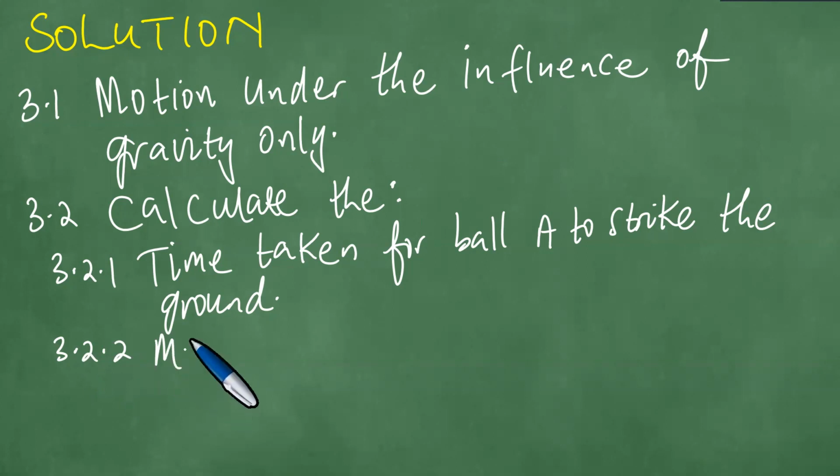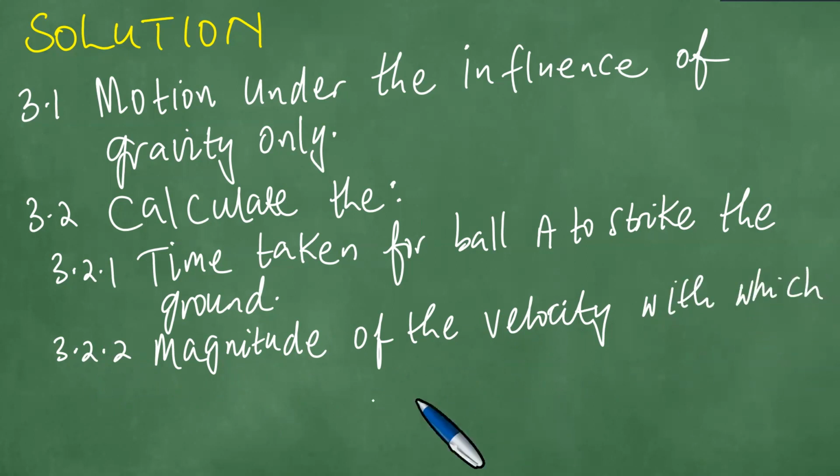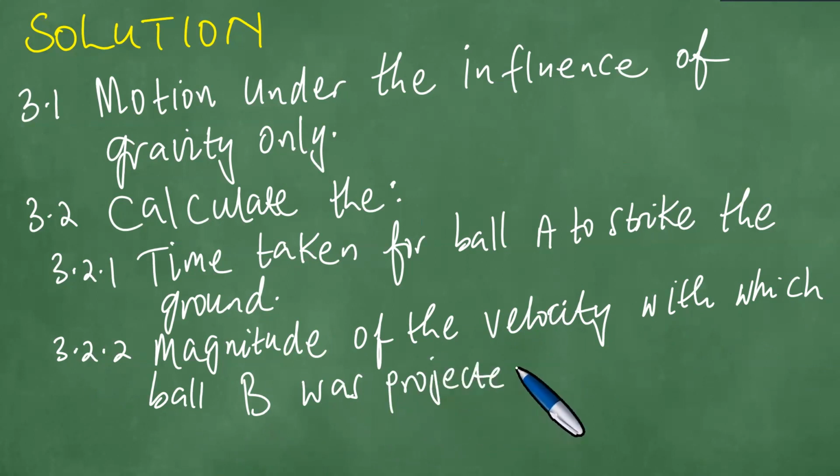The magnitude of the velocity with which ball B was projected from the ground.